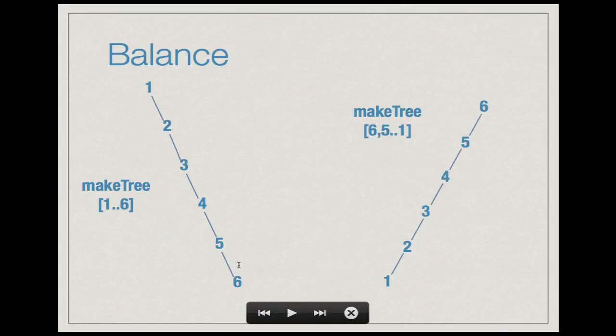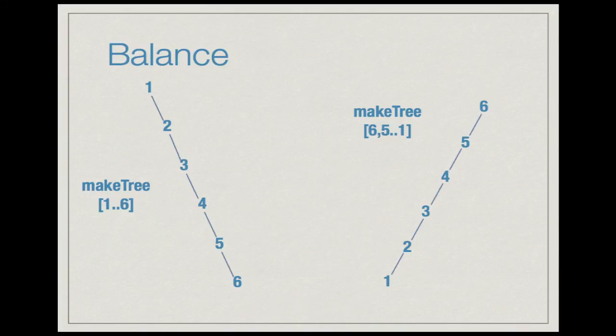It's skewed to the right. Make tree of 6, 5, dot dot, 1 inserts elements in descending order into the tree, and this tree is skewed to the left. It will start with 6. The next element to be inserted is 5, which will go to the left of 6. The next element to be inserted is 4, which will go to the left of 6 and to the left of 5, and so on.